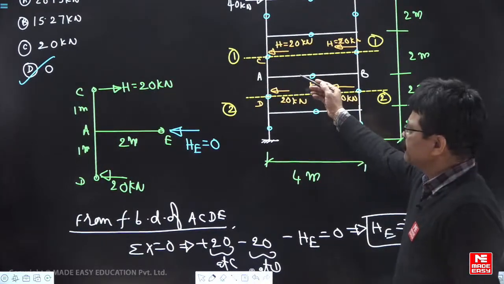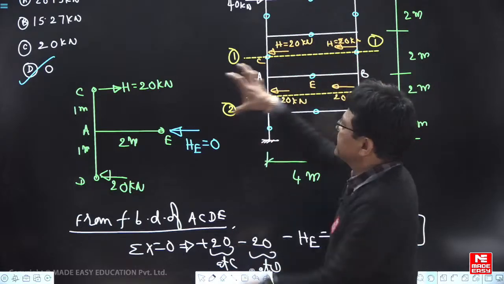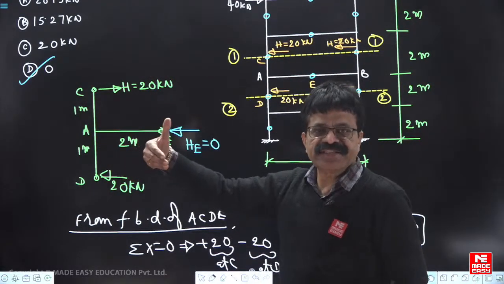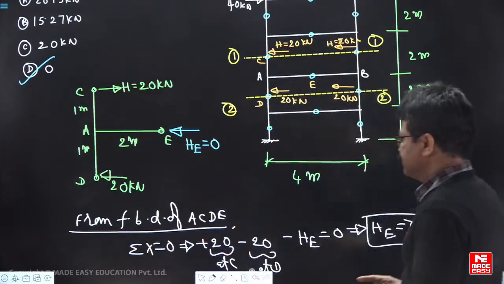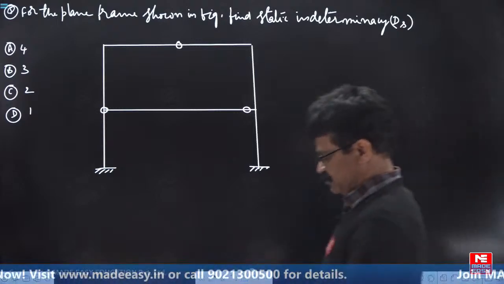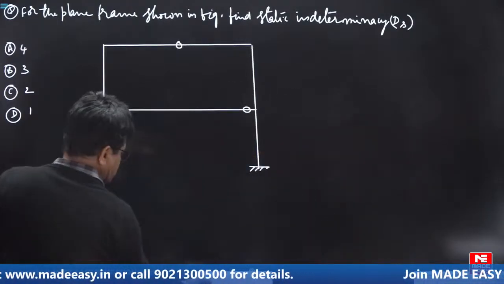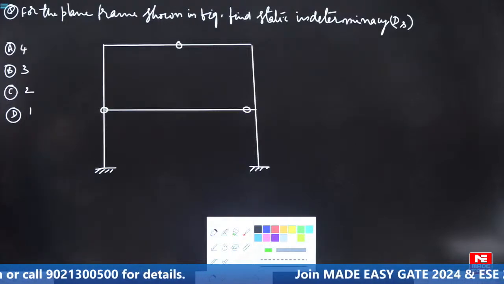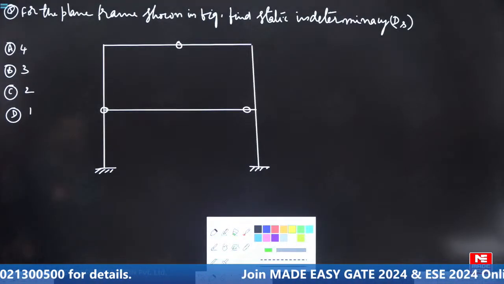So for any one member, if they ask you, take above and below that free body diagram, take the assumptions that are there in the portal method, and complete that analysis. Now we want to see what is the static indeterminacy for the frame.